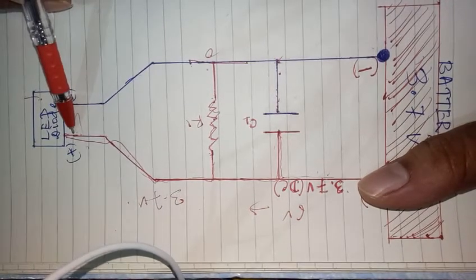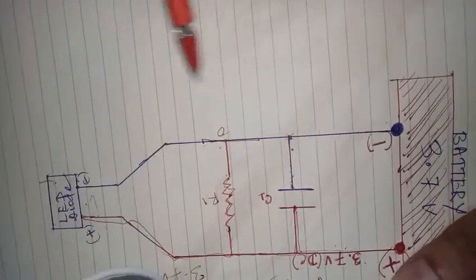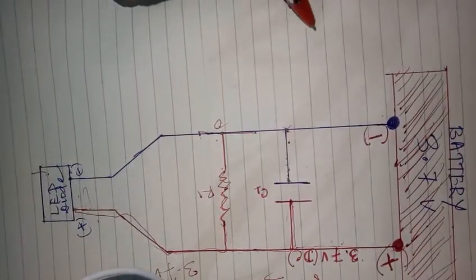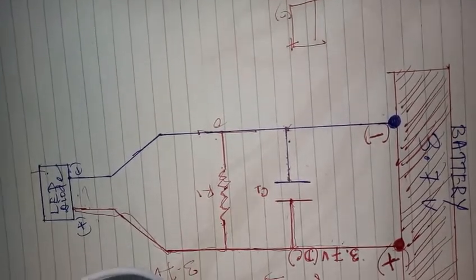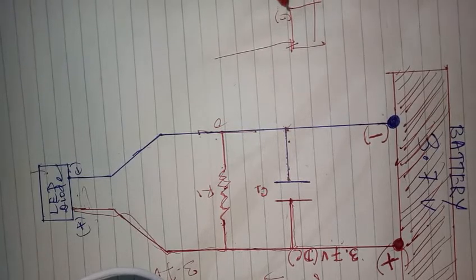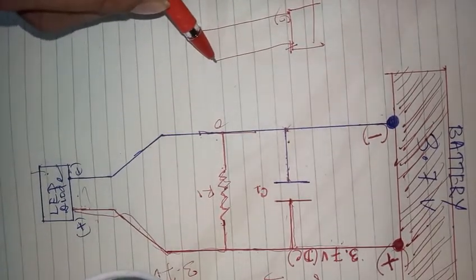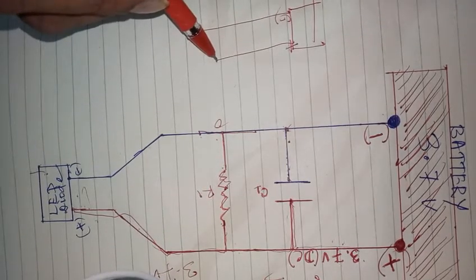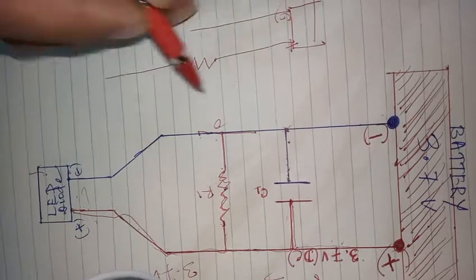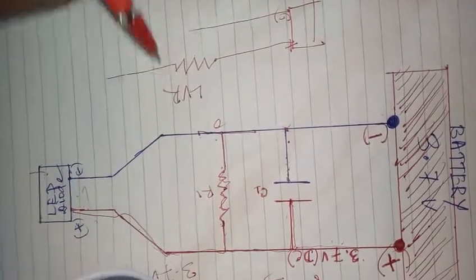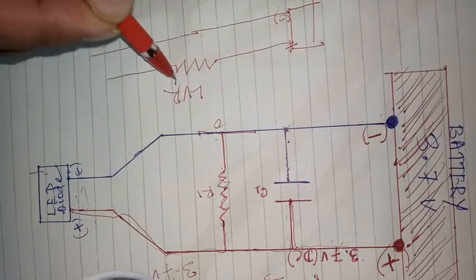Now if we use a series connection, this is a battery, this is the plus, this is the minus. We have two lines here, and we place an LVR or HBR, whatever it may be. We place an LVR here, low value resistor, also known as the fuse resistor.